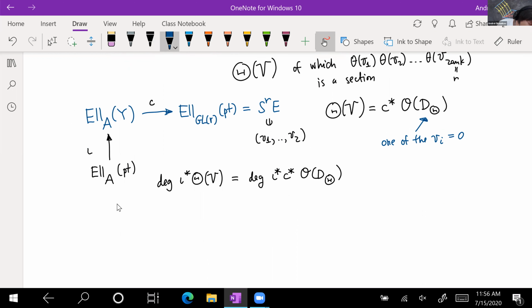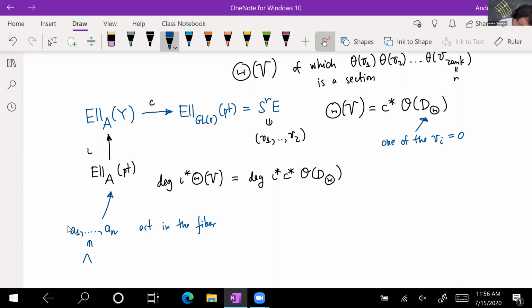So maybe coordinates are A1 through A, whatever rank, we call it N. And then they act in the fiber over my point by some monomials.